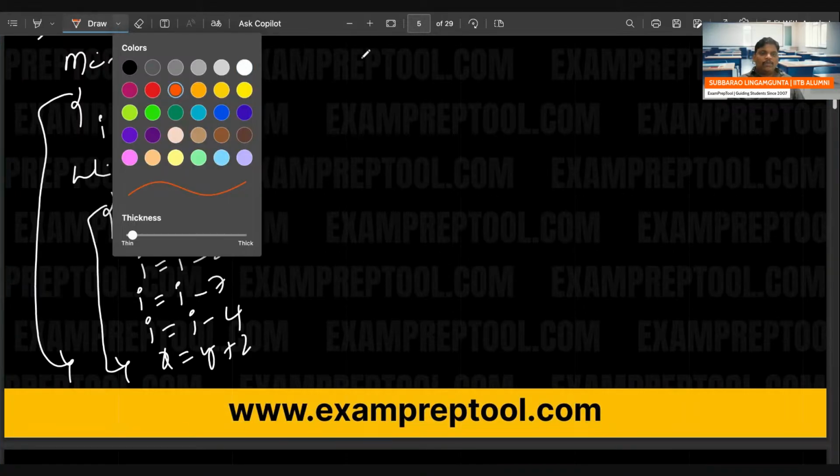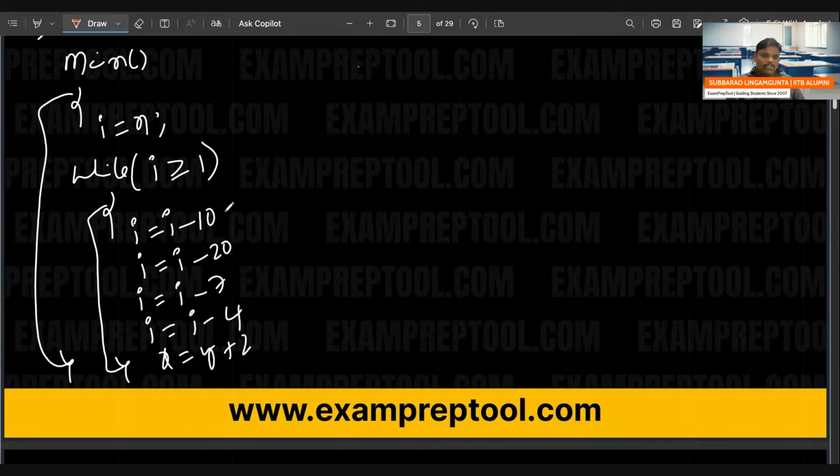Let me check once. It's more. So first from the I, remove 10, next 20, next 7, next 4, right? If you overall observe, 31, minus 10, minus 20, minus 30, minus 37, plus 4, minus 41, right?